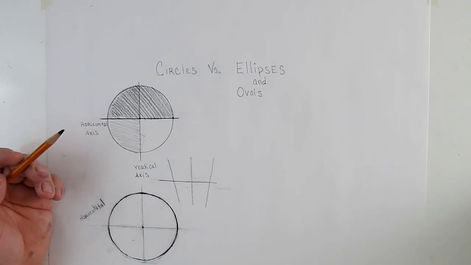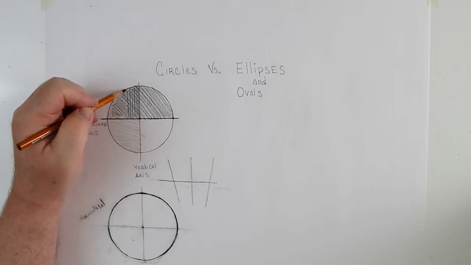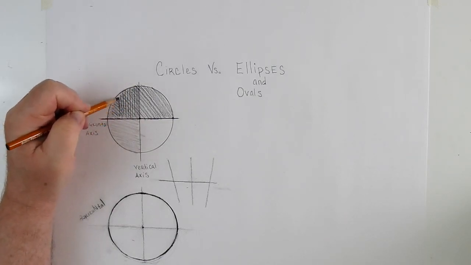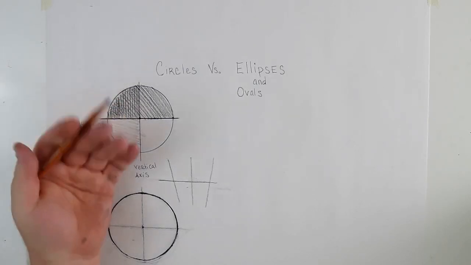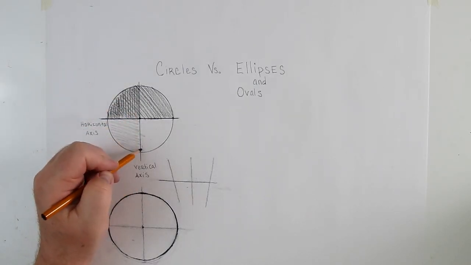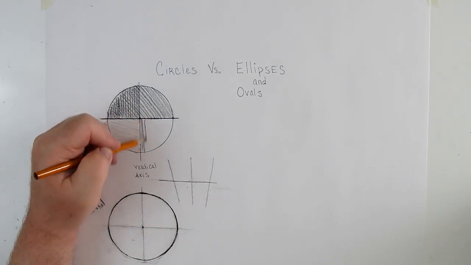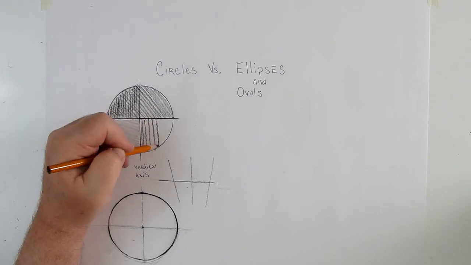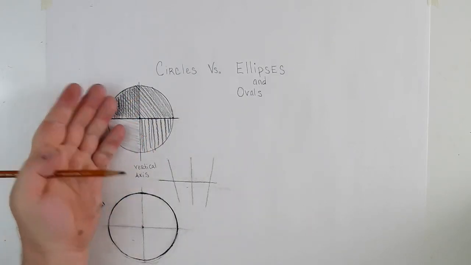Not only that, but if it's a true circle, it also happens quadrant to quadrant. So if this is a true circle, this quadrant here and this quadrant here should be the exact same.